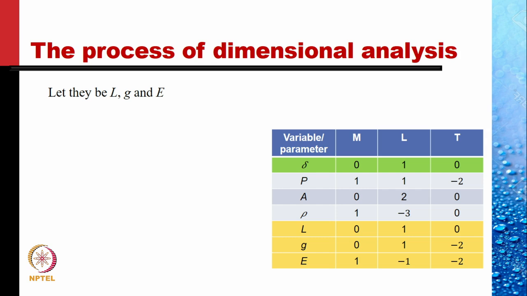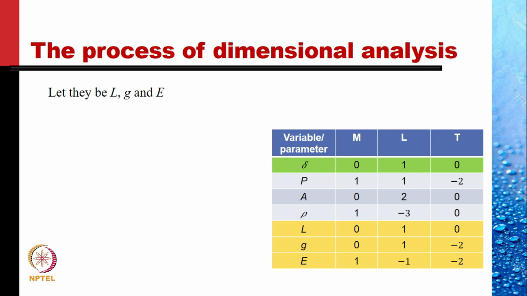In these 3, we can make an algebraic combination, a multiplicative combination, such that the dimension of that group would only be mass. Similarly, we could have a combination which has a dimension only of length.